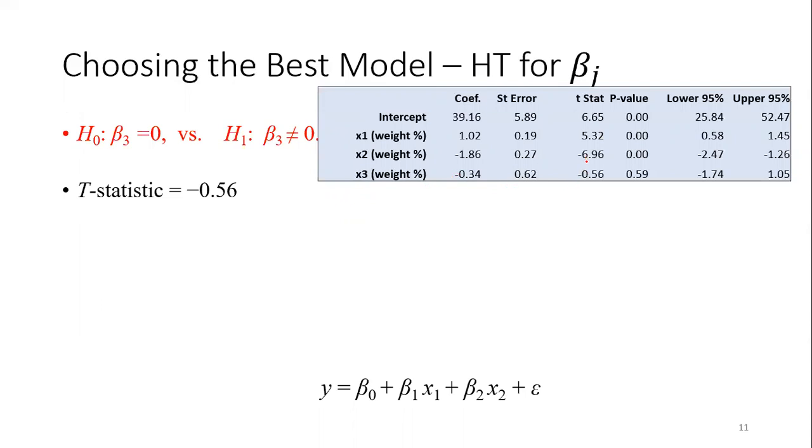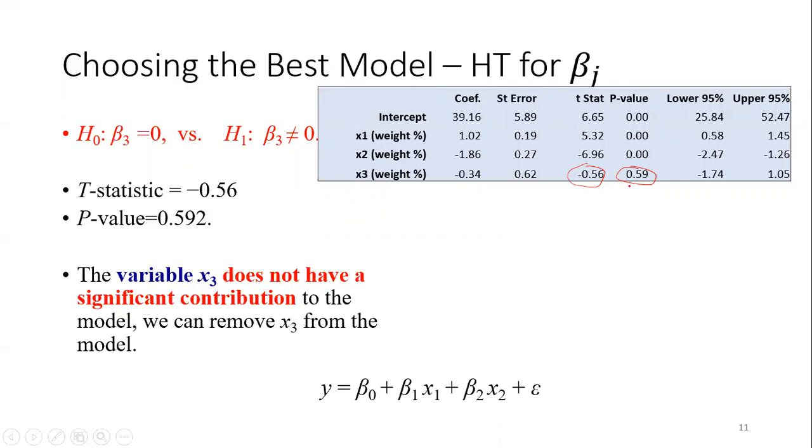This is your T observed, and the associated p-value is 0.59. What does this p-value say? It's not close to 0, hence you cannot reject the hypothesis. So the variable x3 does not have a significant contribution to the model. Hence, we can remove x3 from the model.